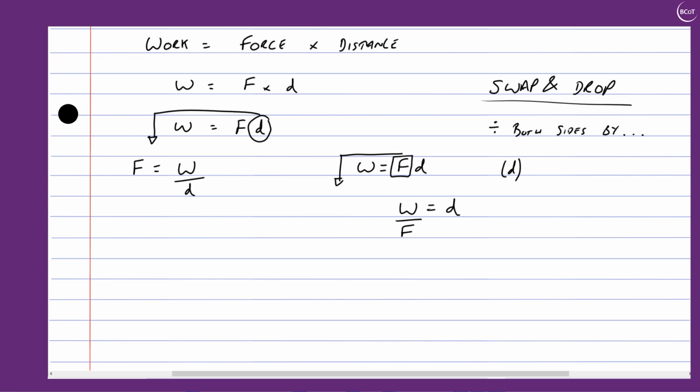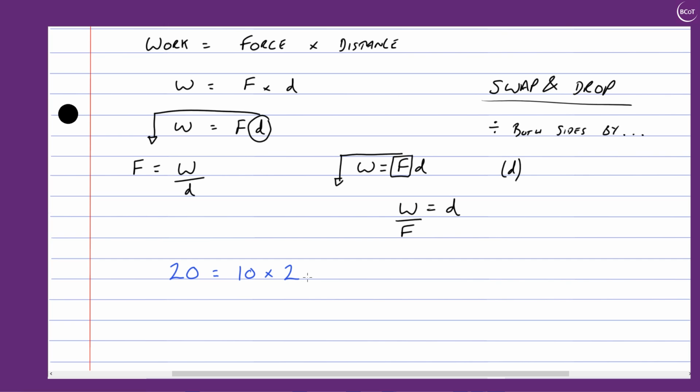So that's the swap and drop, which is a simple way of saying divide both sides by a number or by a variable. And we can prove that this works by putting some dummy numbers in. So if I had, say, 20 equals 10 times 2, we know that's true.